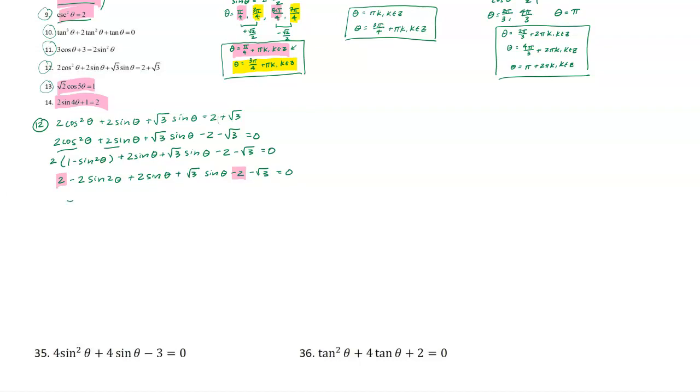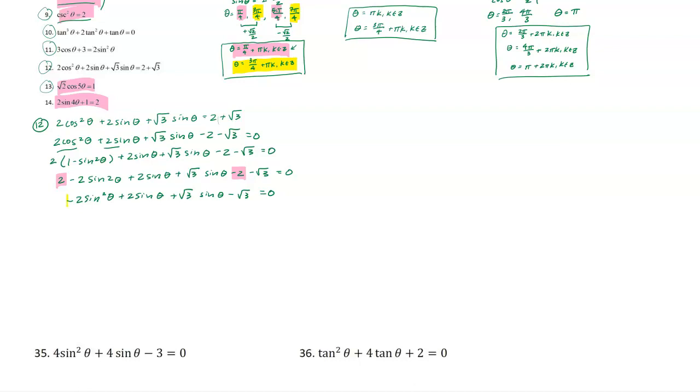And so I have a minus 2 sine square theta plus 2 sine theta plus square root of 3 sine theta minus square root of 3 equals 0. I have 4 terms. When you have 4 terms and you need to factor, you factor by grouping.